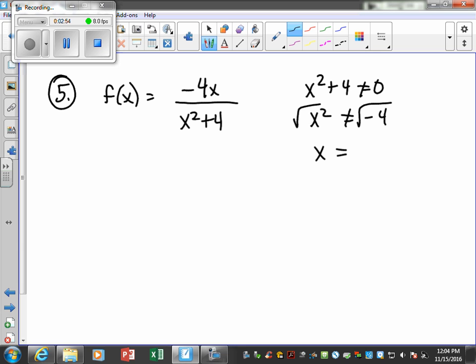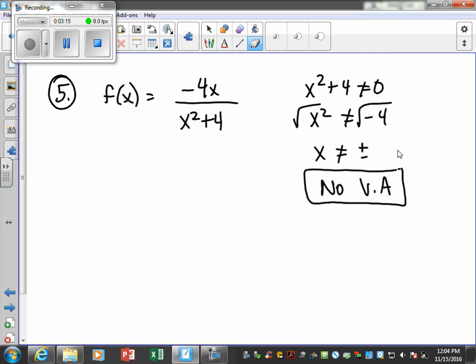X is not equal to plus or minus... what happens over here? This is an imaginary number, so there are no vertical asymptotes here, because this would just give us an imaginary number, so there's no restrictions on it. So there's no vertical asymptote.